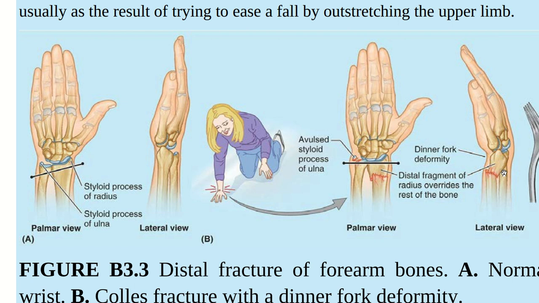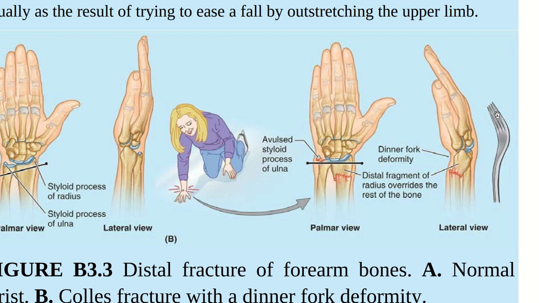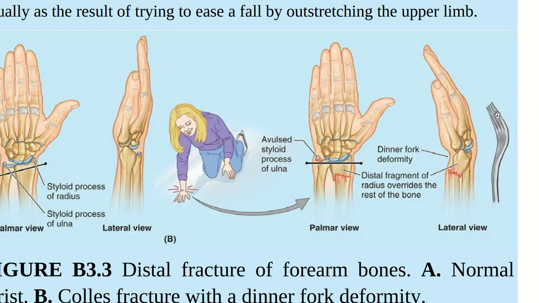displaced posteriorly and superiorly, right? So if you look, it forms a hump like this. This Colles fracture is also called the dinner fork deformity. It happens about 2 centimeters above the distal end of the radius.